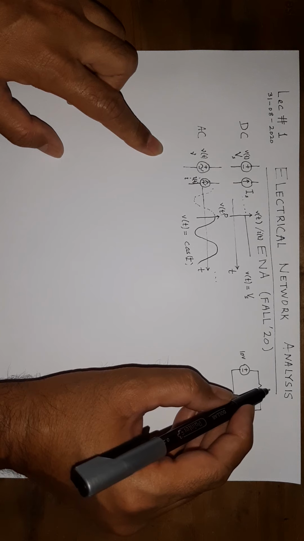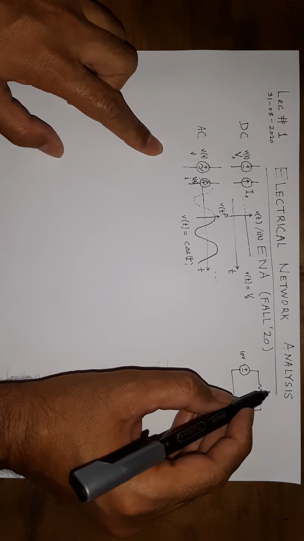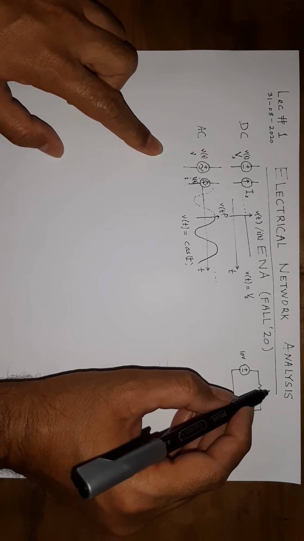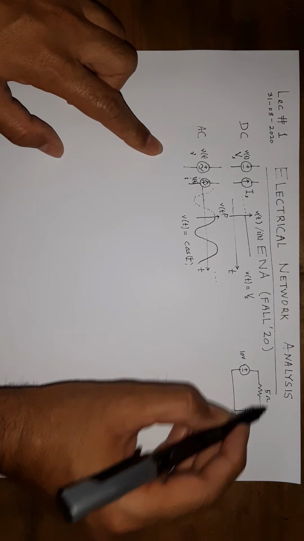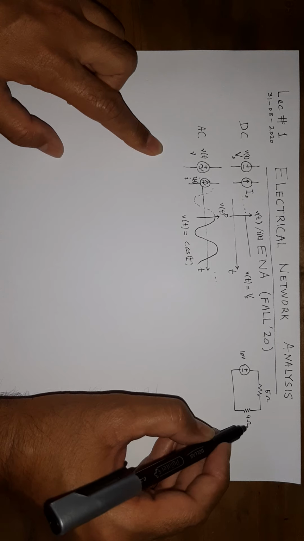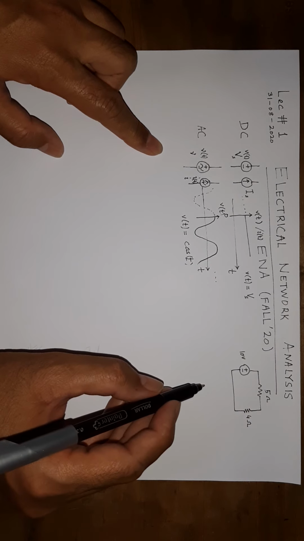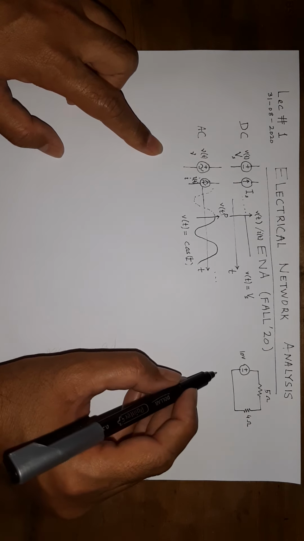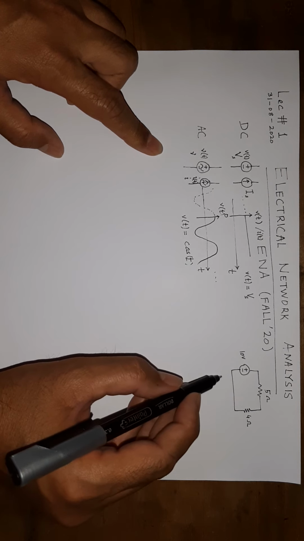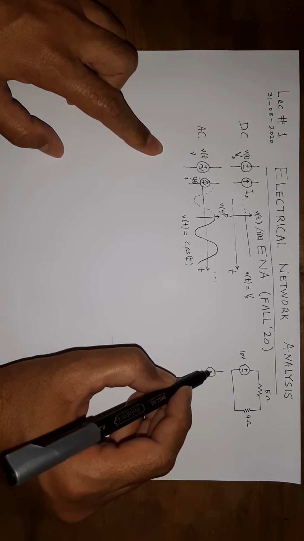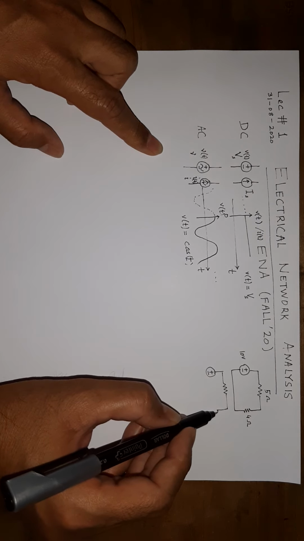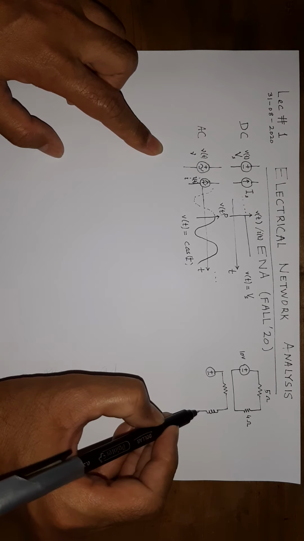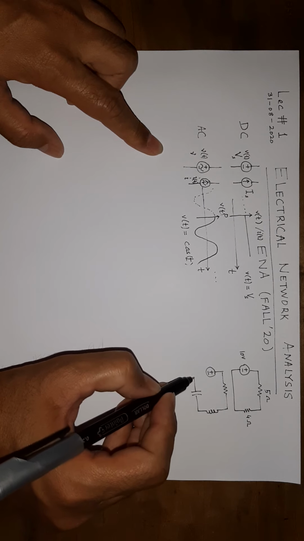From our current knowledge, or the knowledge attained up to now, we can find various currents and voltages in this circuit. And if this is not a purely resistive network, but we have other elements in it as well, say it is an RLC circuit.